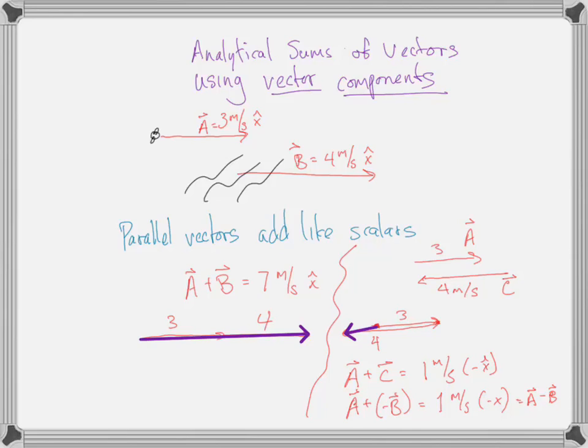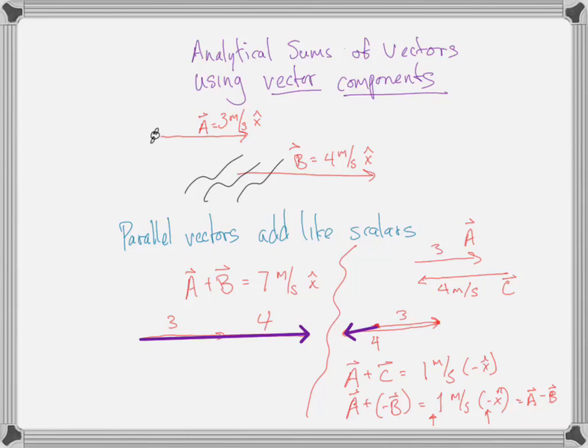And so then you can see that's like saying A minus B is 3 in the x direction minus 4 in the x direction. So it's minus 1 in the x direction, or 1 meter per second in the minus x direction. I forgot to put my x hat. That's A minus B. The other thing is that you can put the minus sign here, or you can put the minus sign here.